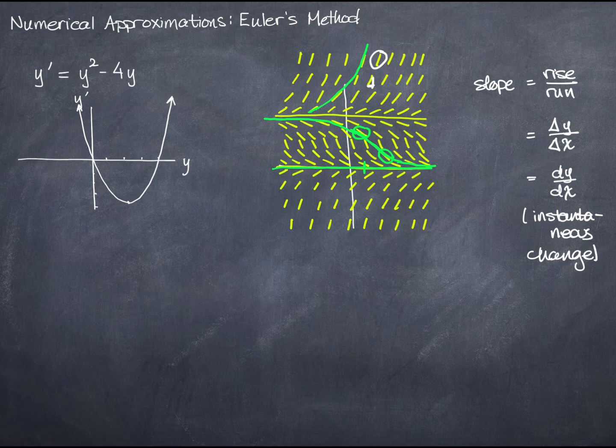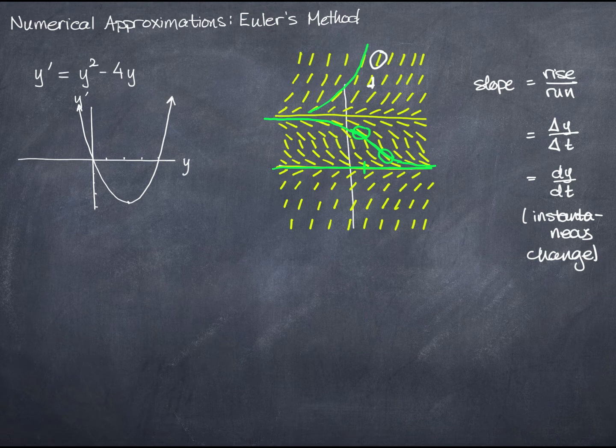And actually, I should point out that this could also very nicely be replaced with delta y over delta t, or dy dt, because oftentimes what we're looking at is the change in the population over time, or the change in the amount of money in a bank over time. So time is often, not always, but often the independent variable.